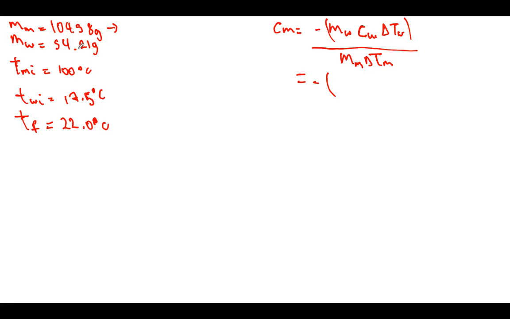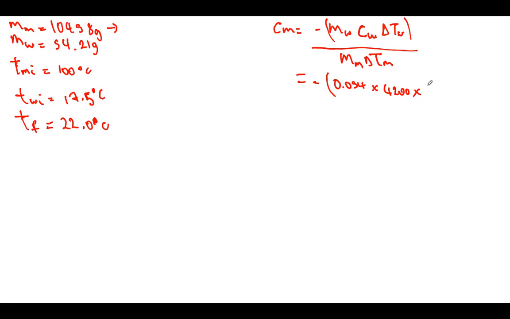What would we get? 0.054, times the specific heat capacity of water, which is 4,200 joules per kilogram per degree.